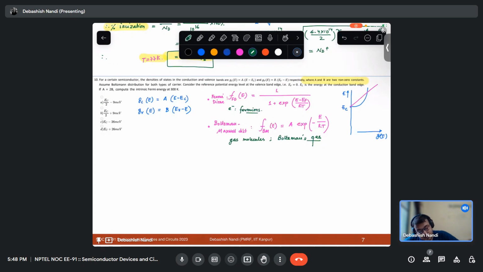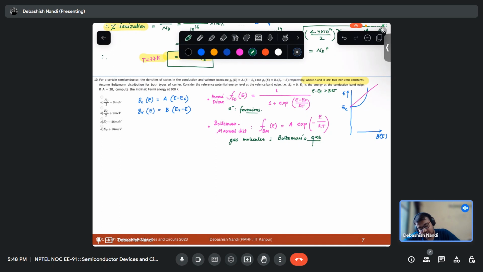When E minus EF is greater than 3 kT, this quantity will dominate, and the other one will get neglected and it will behave like this kind of distribution, exponential minus energy. So for certain conditions, we take the Boltzmann approximation for Fermi.